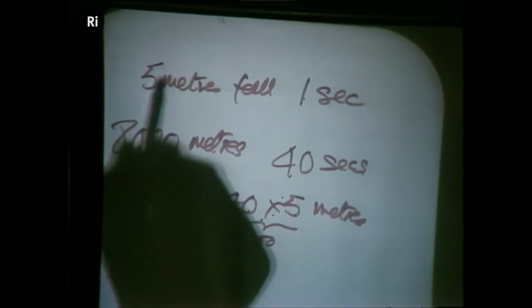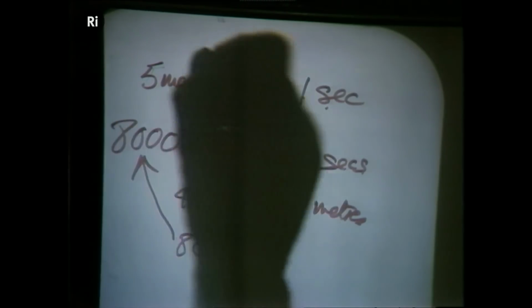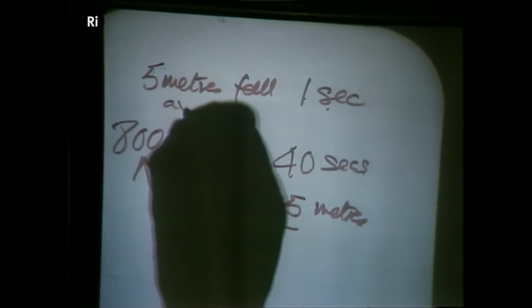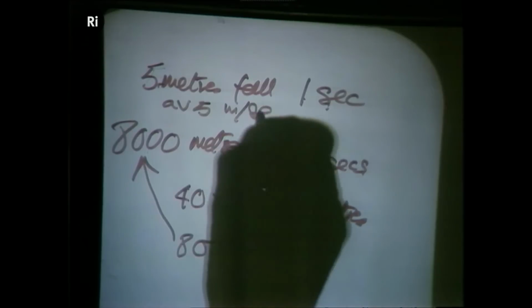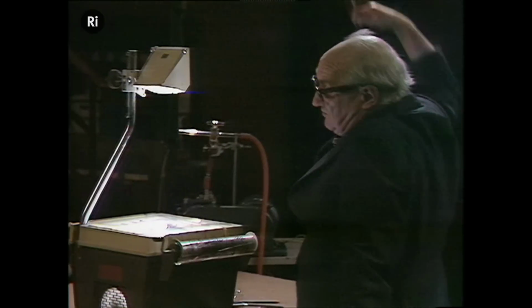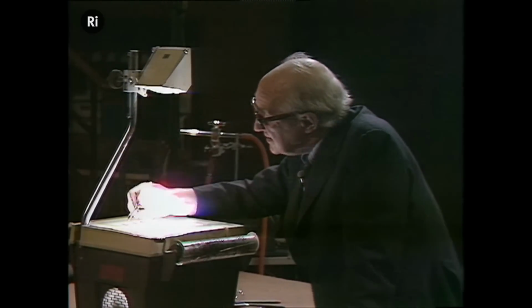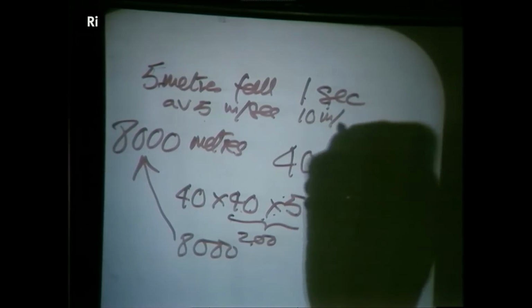In 5 meters, you fell in 1 second. The average speed was 5 meters per second. But the final speed, from 0 to the full final speed, will be twice that. But then you average to 5, and so it is 10 meters per second.